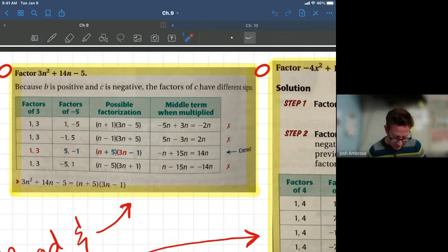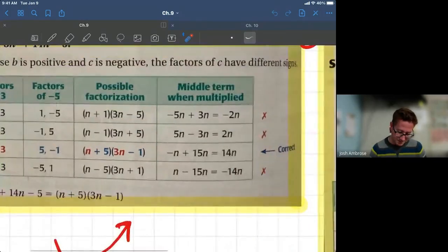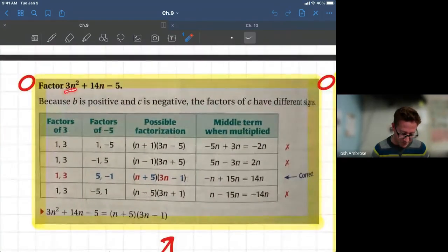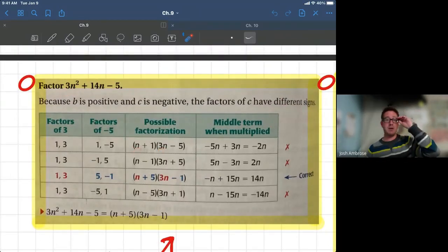Take a look at the different orders that we can make by using those 4 terms. Notice this one starts with the +1, then the -5, and then take a look at where the 3 is being represented, because the 3 was in front with the n squared. So that is going to be in front in both of the binomials.